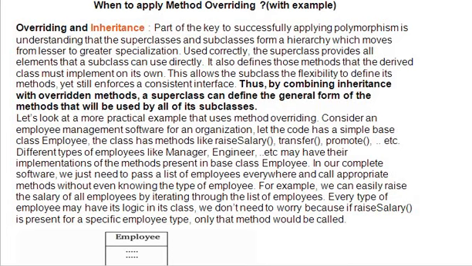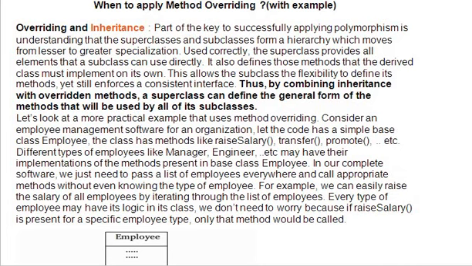We just need to pass a list of employees everywhere and call appropriate methods without even knowing the type of employee. For example, we can easily raise the salary of all the employees by iterating through the list of employees. Every type of employee may have its logic in its class. We don't need to worry, because if raise salary is present for a specific employee type, only that method would be called.